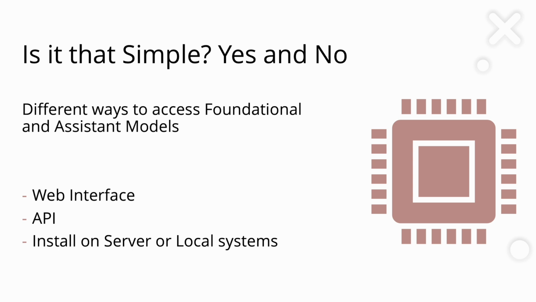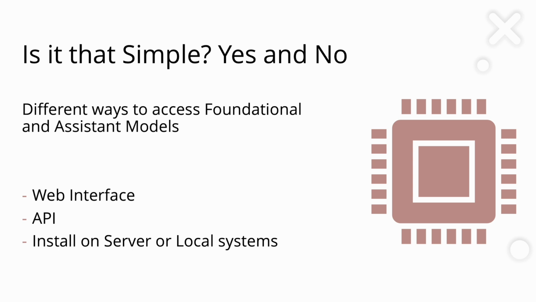What are the three ways in which we can do inference, that is, use it? One is the web interface, like how you're using ChatGPT. Second is the API. OpenAI also gives you an API, so you can programmatically send a prompt and get a response back.